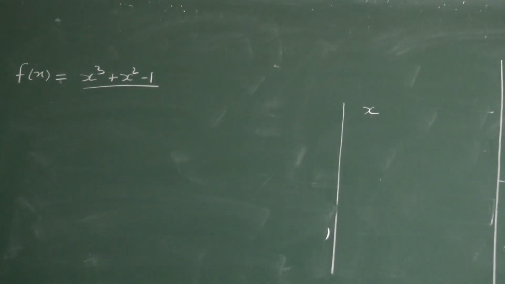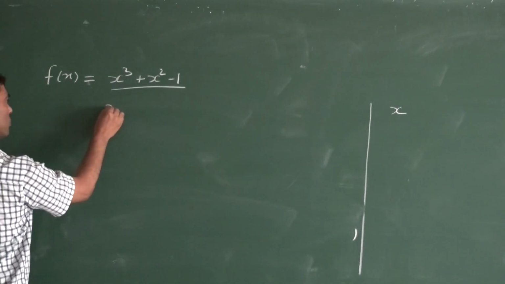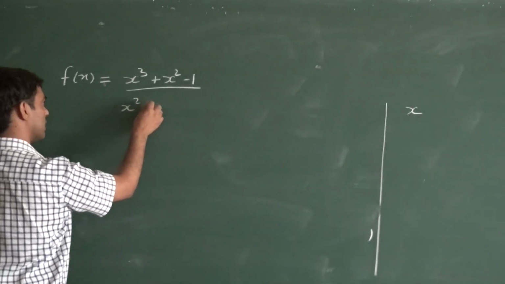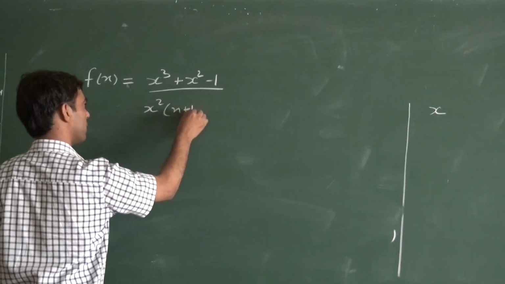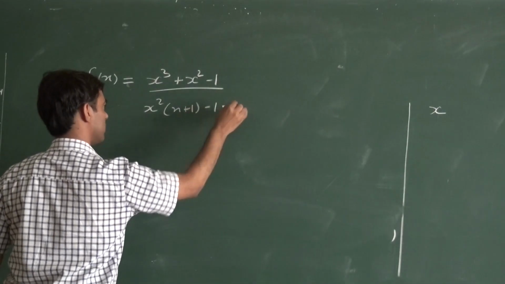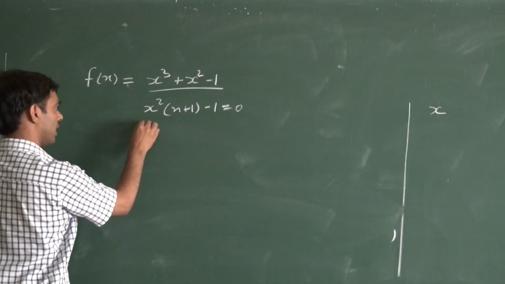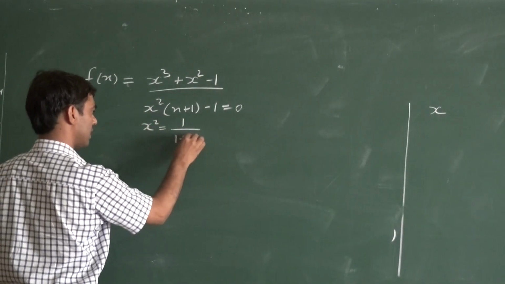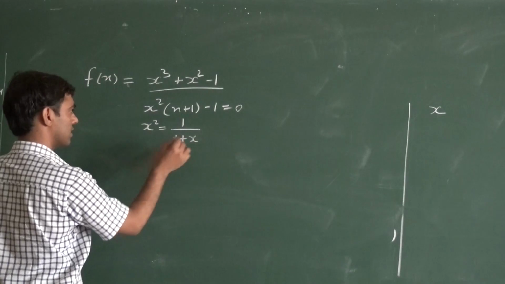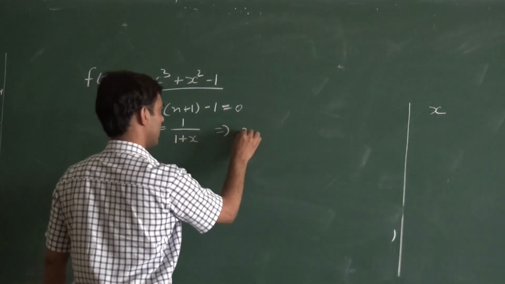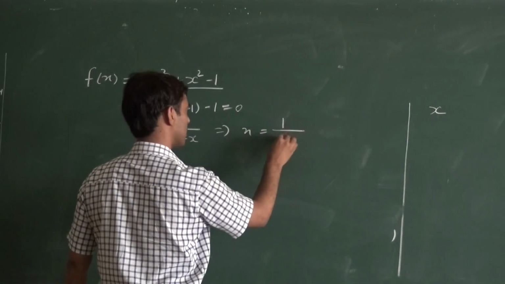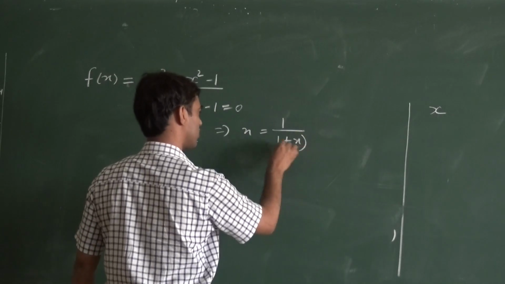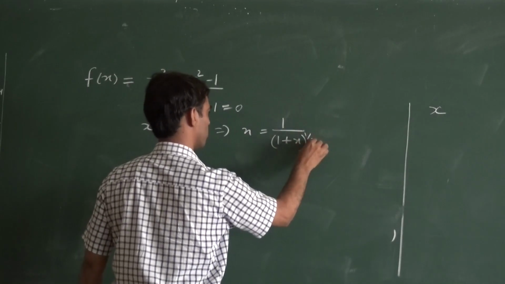We write this in the form x square times x plus 1 minus 1 equal to 0, then x square equals 1 upon 1 plus x, and x is 1 upon 1 plus x to power 1 by 2.